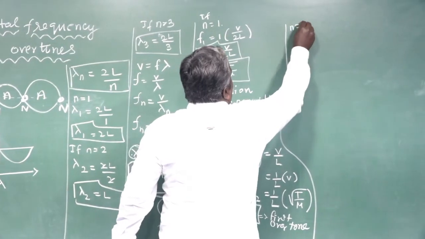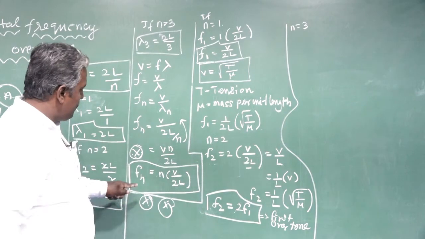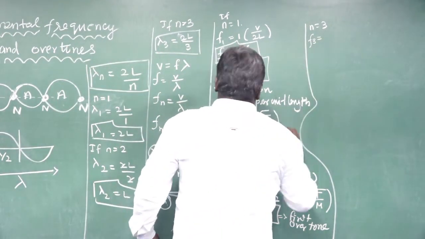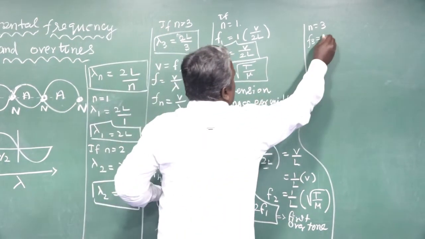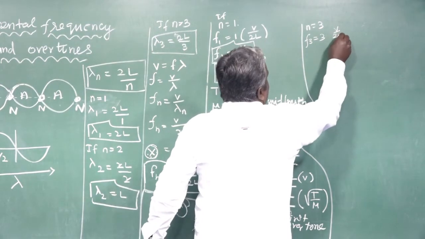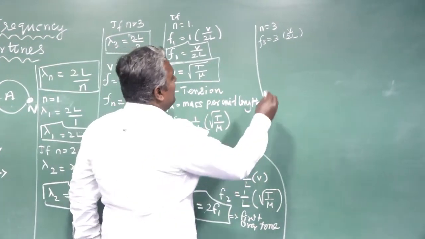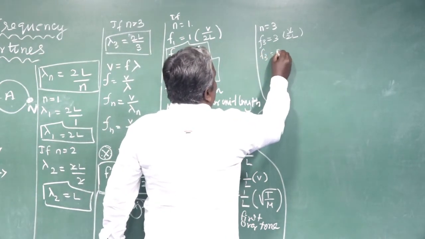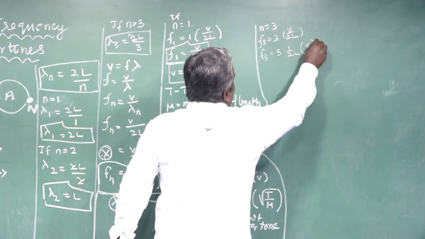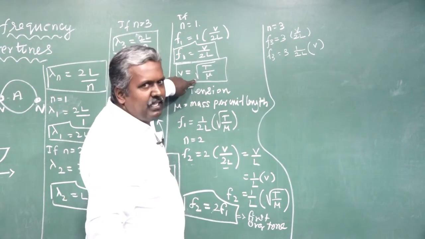Then if n is equal to 3, substitute in this formula: f3 is equal to 3 v by 2L. I am right or not? Or f3 is equal to 3 into 1 by 2L into v, where v is already written here.